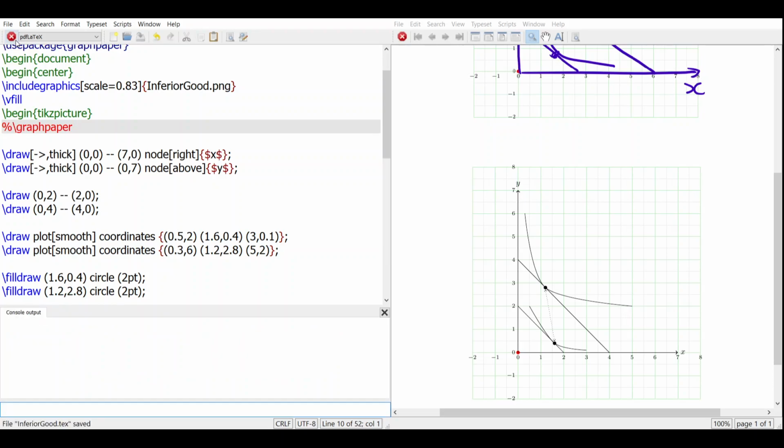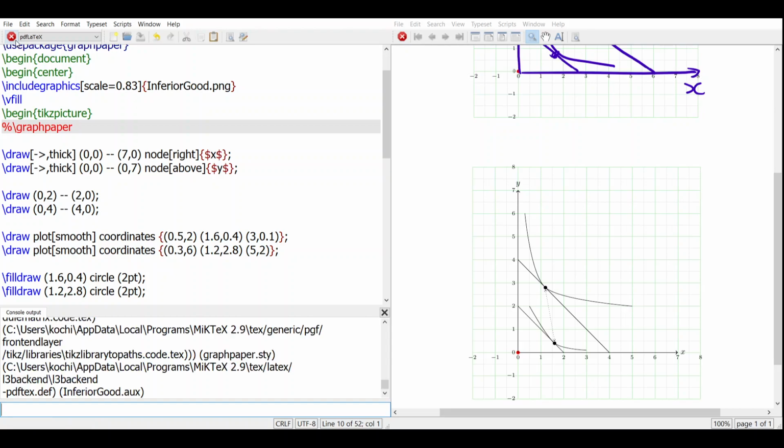If there's nothing particularly problematic, then we're done with the graph. So you can see this can be done in less than 10 minutes from scratch. But I think if you use your computer, it'll be much faster, because I'm recording a little bit slower than usual, but otherwise it's a nice demonstration of an inferior good.